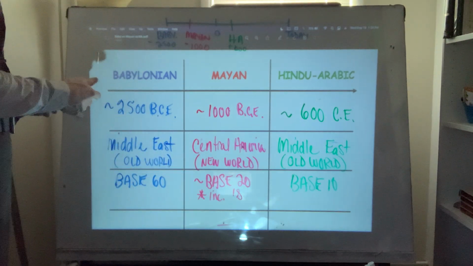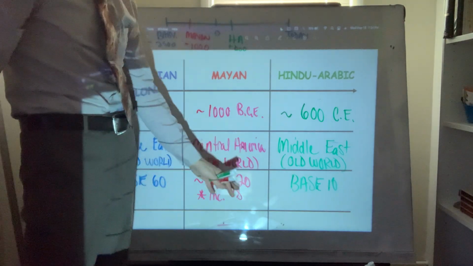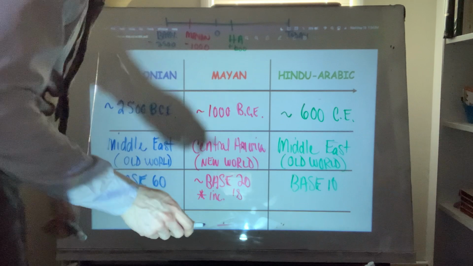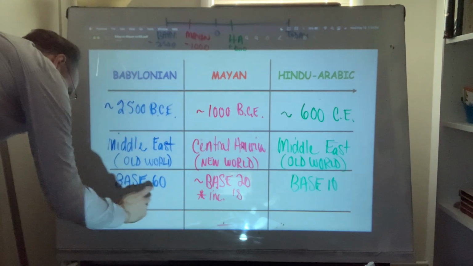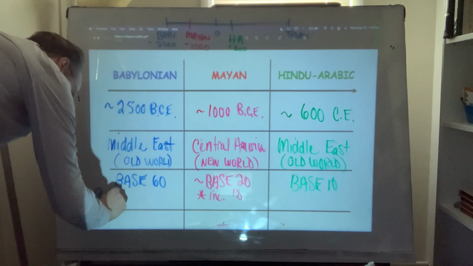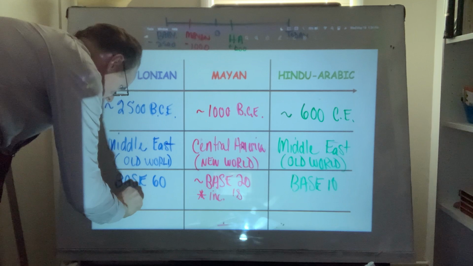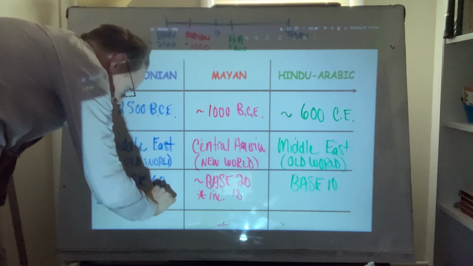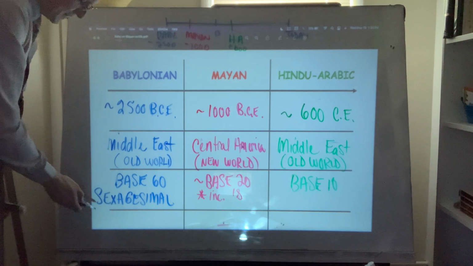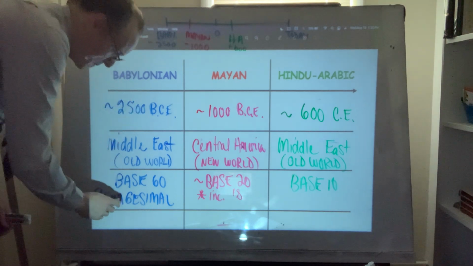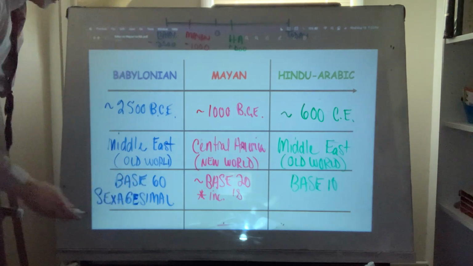There is a fancier way of referring to these things, rather than base 60, base 20, or base 10. I may be mispronouncing this, and I don't want to misinform you, but a base 60 system is called sexagesimal. This math is so kinky.